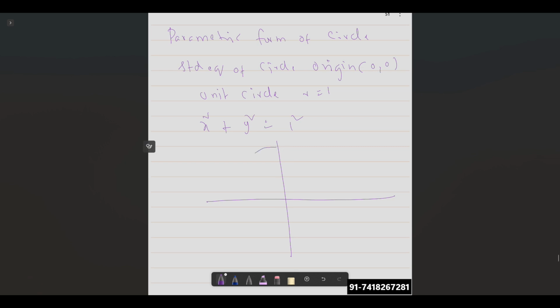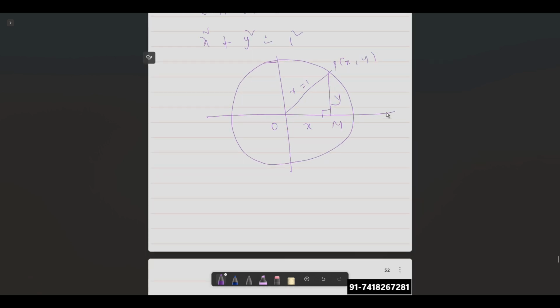So you have a circle, and you have the point P, x comma y, and r is equal to 1. If you drop the perpendicular, this becomes 90 degrees, M, O, and then this becomes your x, this becomes your y. So in the parametric form, the parameter here will be theta.